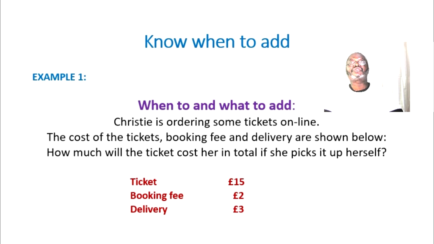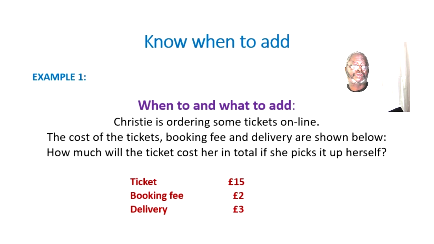One thing I want you to observe is how I have ordered this list. Remember, units under units, tens under tens, and if you have a bigger number, hundreds under hundreds in columns. So the ticket value is £15, the booking fee is £2, and the delivery is £3.